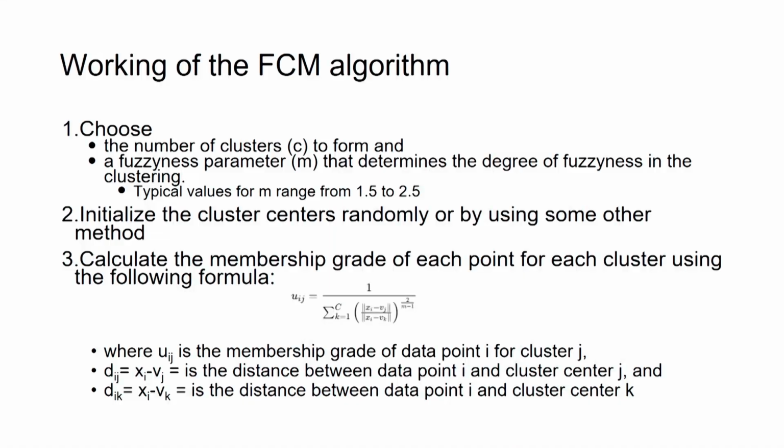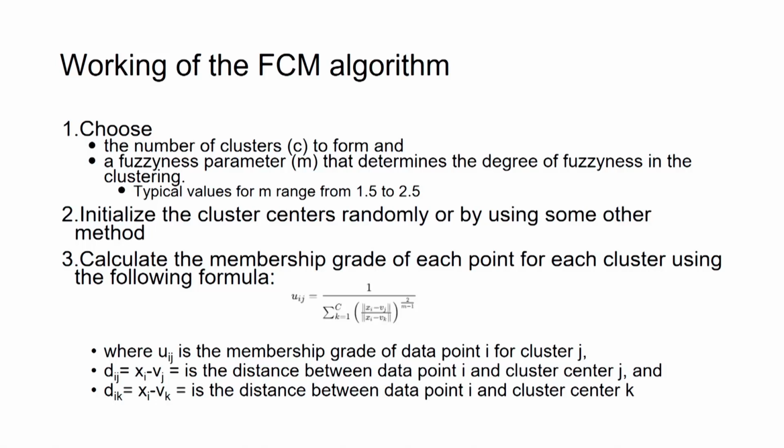You can say that point number 1 is belonging to cluster number 1 with membership degree 0.1, and it is belonging to cluster 5 with membership degree 0.9, and in the rest of the clusters its membership value will be 0. So, this is the main difference, and that is why it is called fuzzy C-means clustering. It is not hard clustering. Here one point can belong to more than one cluster with different membership values.